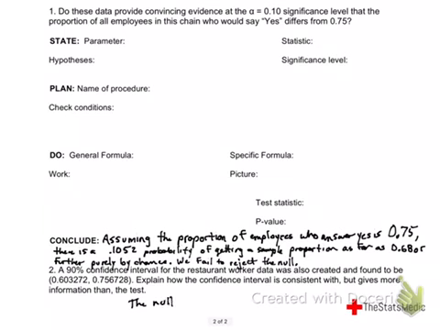The null value of 0.75 is included in the interval. So it is plausible. The interval also gives other plausible values for the null. So that's what is interesting here.